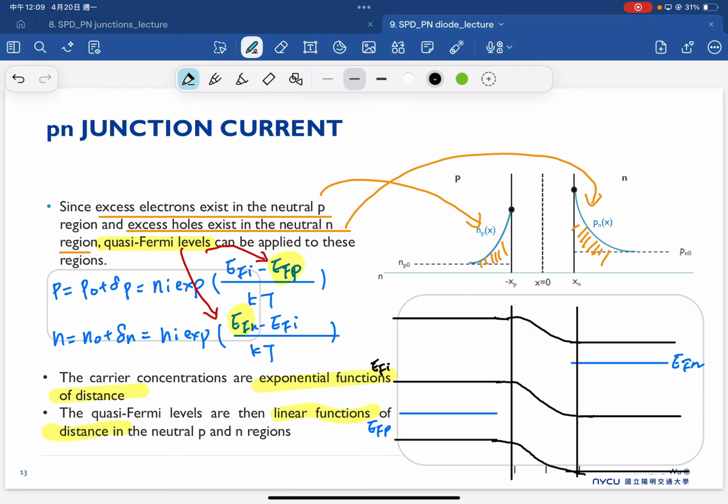But now if you try to plot the quasi-Fermi energy, first of all, it will be constant here. But because we have the exponential decay, this will become a linear function.